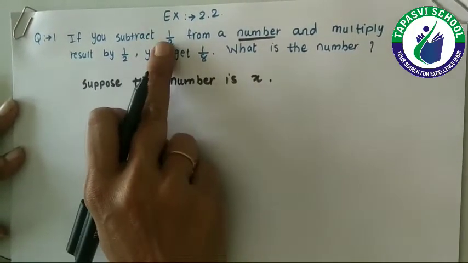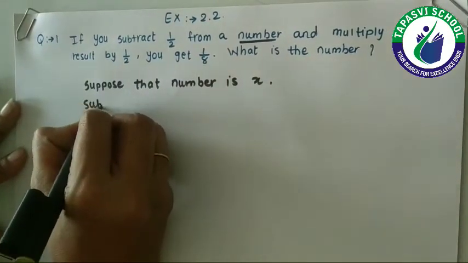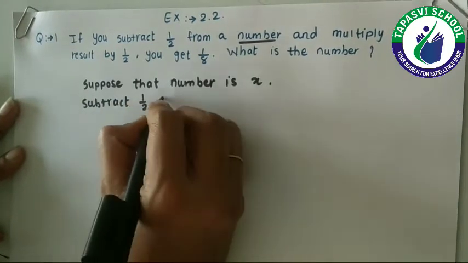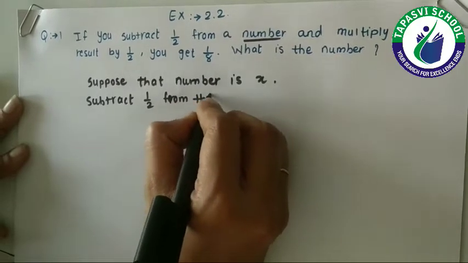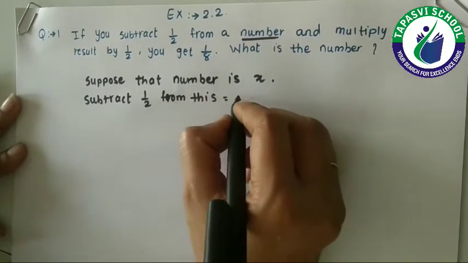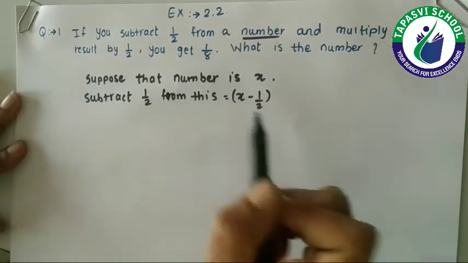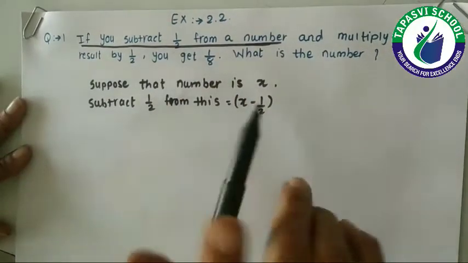We will subtract 1 upon 2 from this number. So here subtract 1 upon 2 from this, so it will become x minus 1 upon 2. Now this statement is fulfilled in this.